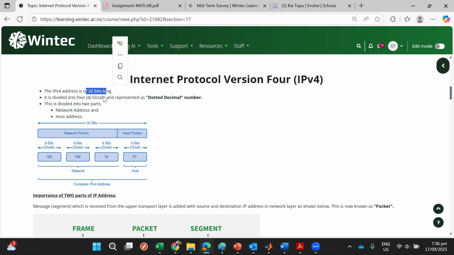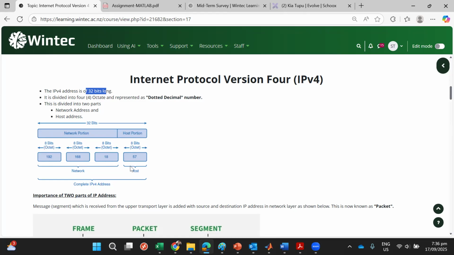We are splitting this 32-bit address, and then each of these 8 bits we represent with a decimal number. So that is 4 numbers separated by dots. Each 8-bit binary number is converted into a decimal number, and that means 4 numbers separated by dots.